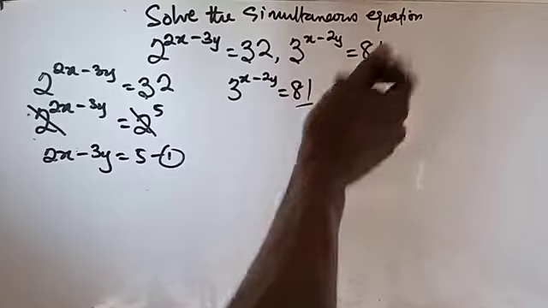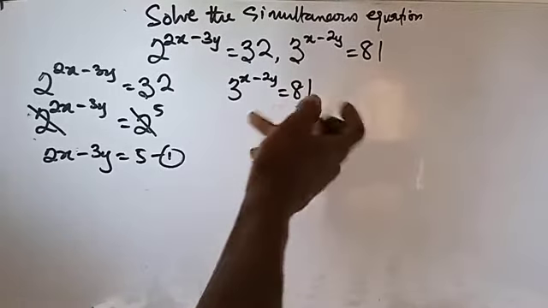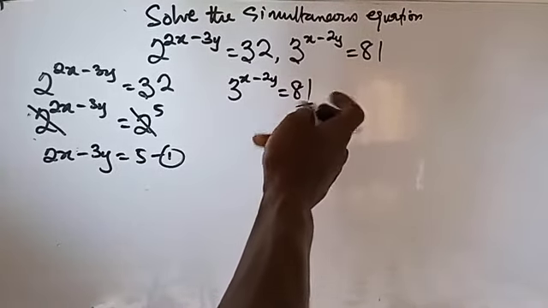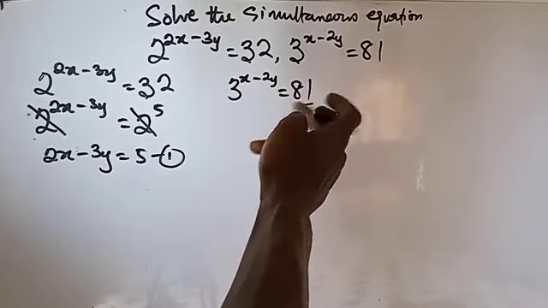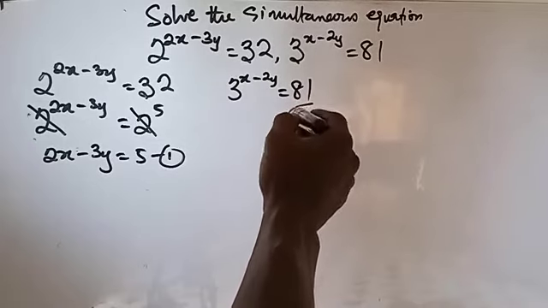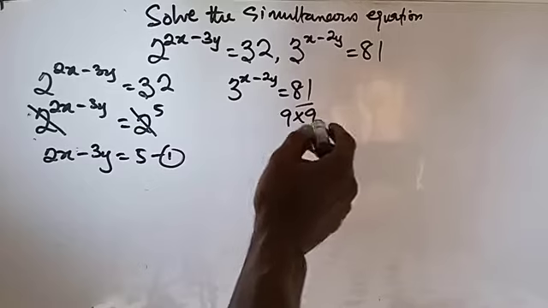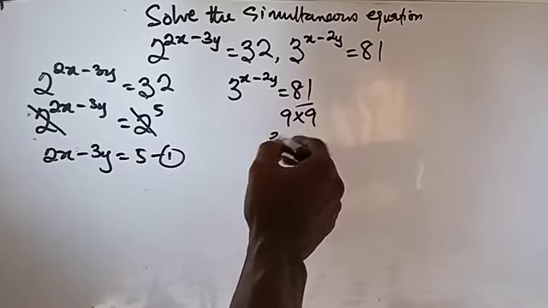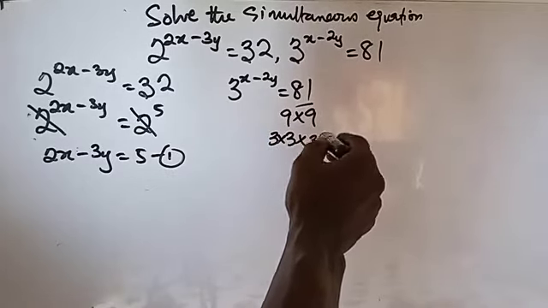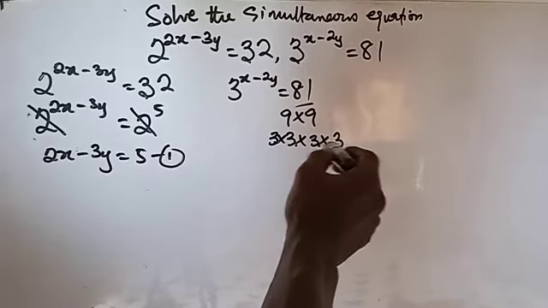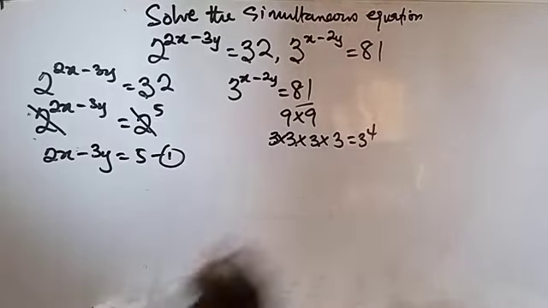Thank God it's a perfect square. So this is 9 times 9, which can also give you 3 times 3 times 3 times 3, which is 1 2 3 4. So here we have 3 raised to the power 4.